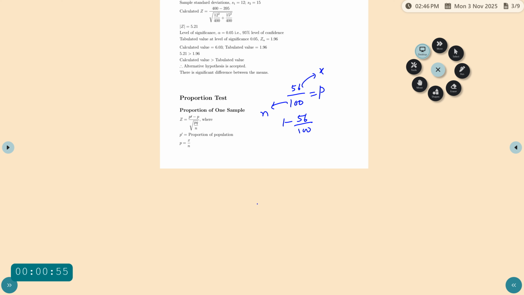So for proportion test, there are two kinds of tests. Just like what we have seen in mean, there were mean of one sample and mean of two samples, comparison of samples. In the same way, proportion of one sample and proportion of two samples.